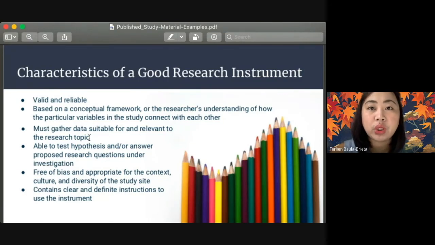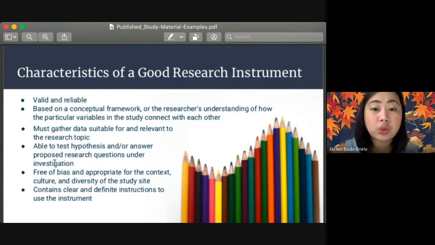No other questions shall be asked that will deviate you from your main objective. The second characteristic is that it must be able to test the hypothesis, or it will be able to answer the proposed research question or the statement of the problem.